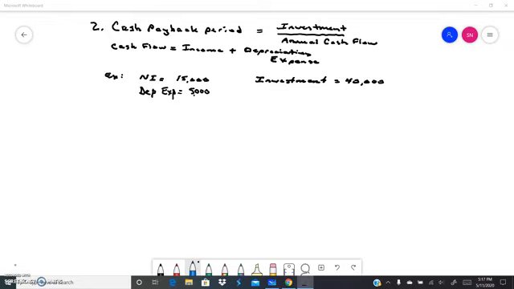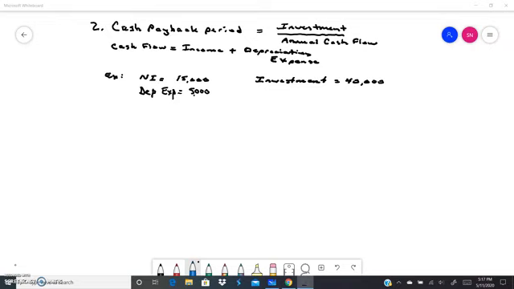So let's just say, for instance, we were going to save $100 a year. And to do that, we would have to spend $300. If you just do the quick math, you'd realize that that $100 a year, over 3 years, we would have saved $300, and that would be equal to our investment. So our payback period would be 3 years in that sense.